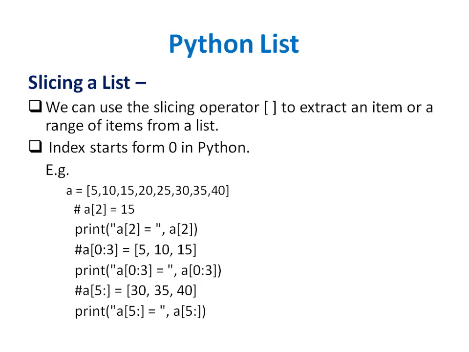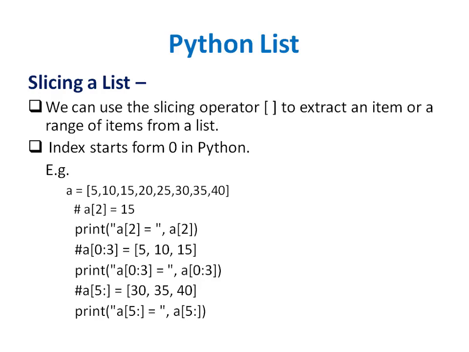We can see an example where a = [5, 10, 15, 20, 25, 30, 35, 40]. The hash sign indicates a comment, so don't confuse it with a command. a[2] is equal to 15. We are not writing a command here, this is a comment to indicate that a[2] is equal to 15.